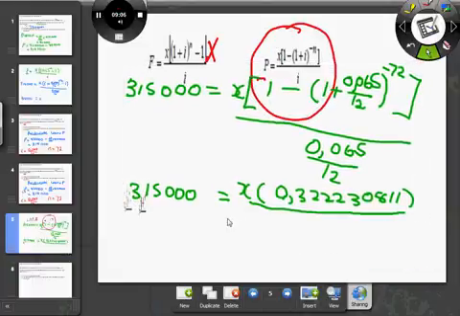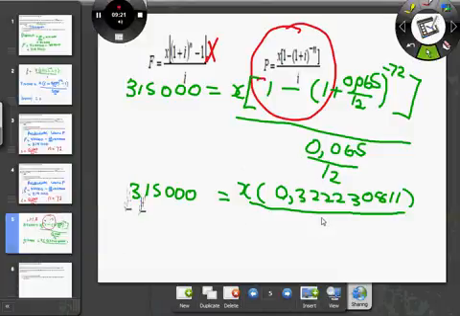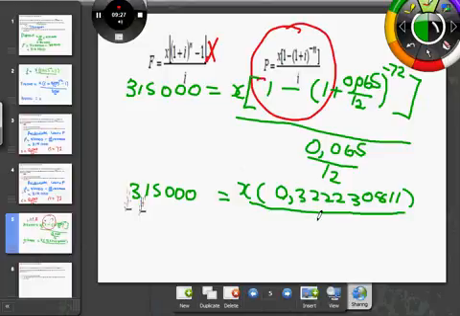Yeah. So I just need to press my calculator, and it's gonna give me that ugly thing. So I think I'll leave it as it is. I know it will work. So there's no need to be 0,065 over 12 like that. Now what you then do is you work out the top, the left hand side.